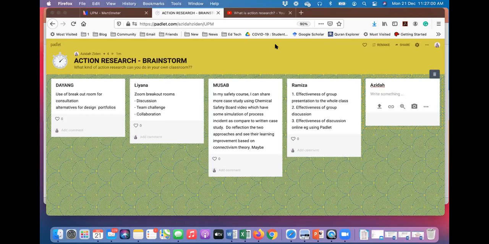Next week you do asynchronous class. Then you can see during asynchronous you use Padlet. Okay, whether the content that they discuss during synchronous, meaning what is the difference. Okay, when they discuss on Padlet is it better? Is discussing in the breakout session better? Or in one session only?